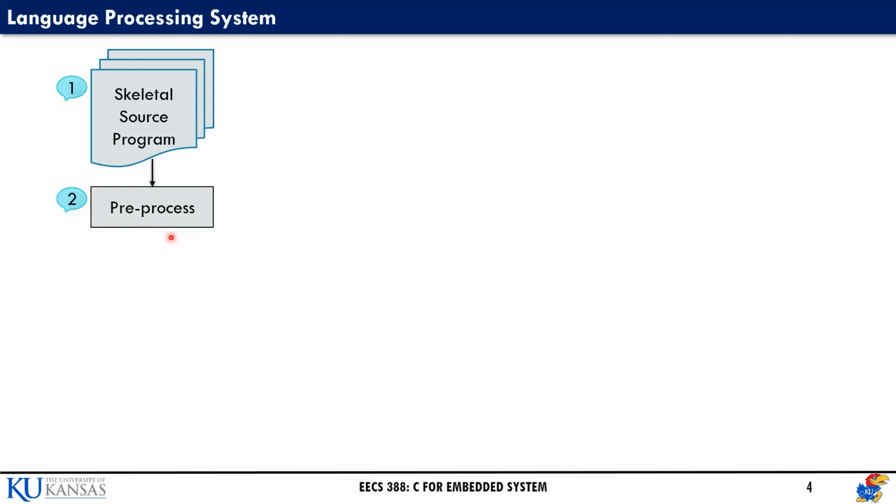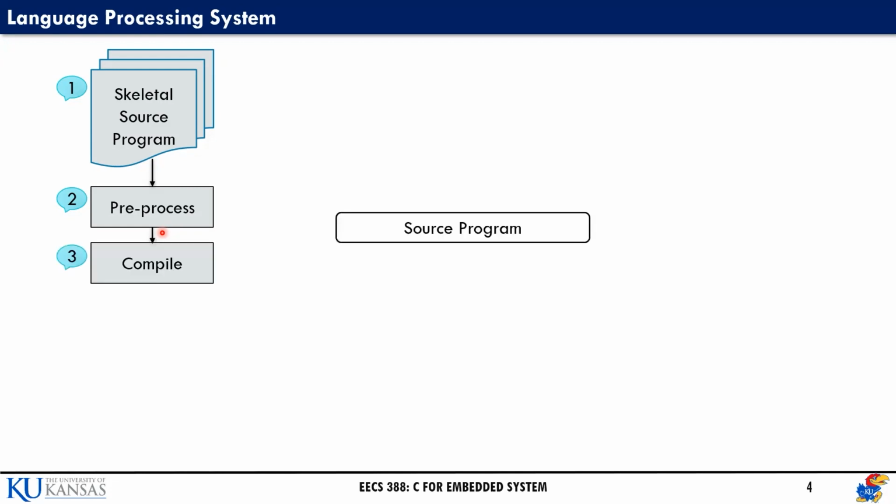Also, we have macro expansion, where we define some variables that we're going to use throughout the whole program's lifetime. And we have some conditional compilation things, for example #ifdef and #ifndef. All of this preprocessing is done by the preprocessor.